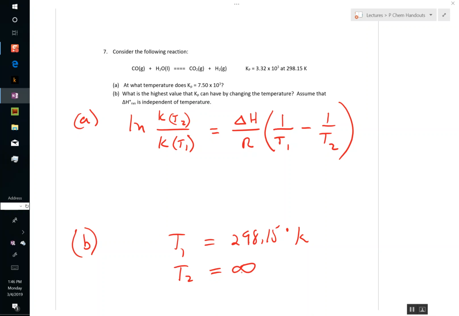So 1 over T2 is 0. And then what is your unknown in there? What is the highest value of Kp? So your unknown is this right here. It's K2. All right, that's 7. 8.